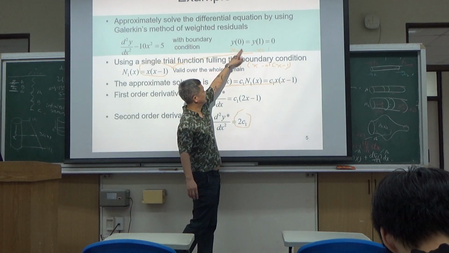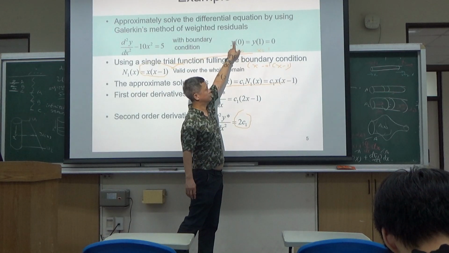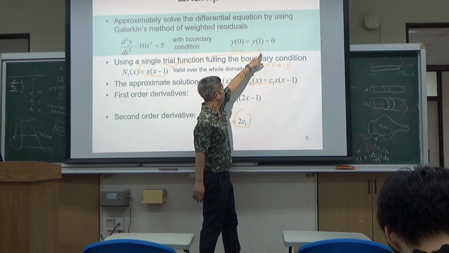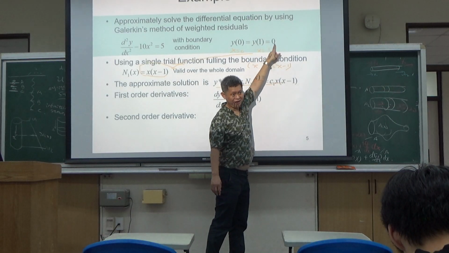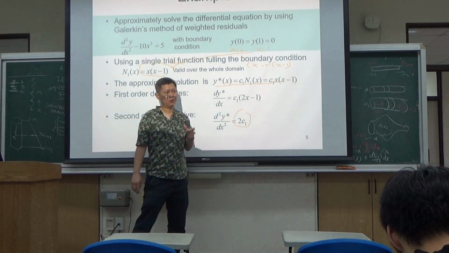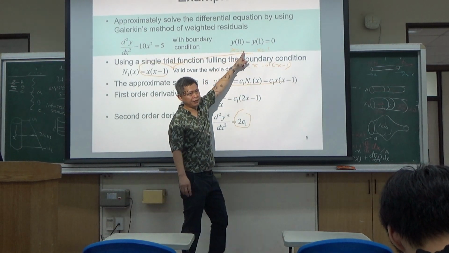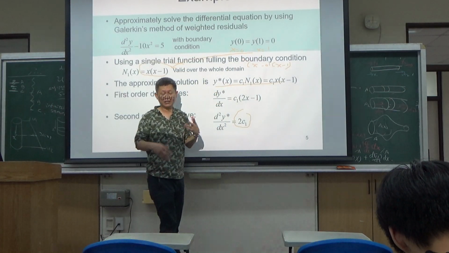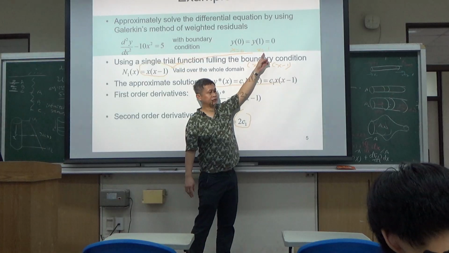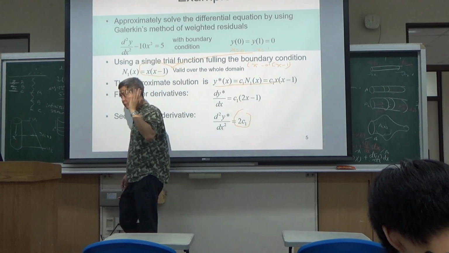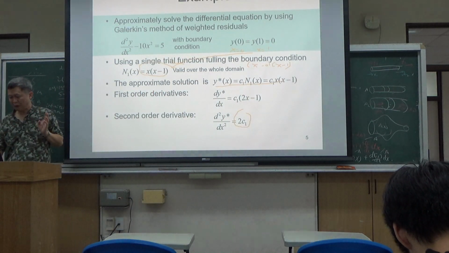When x is 0, y is 0. When x is 1, y is 0. What kind of function can meet these boundary conditions? Very simple. x minus 0 times x minus 1 is going to be the function that fulfills the boundary.